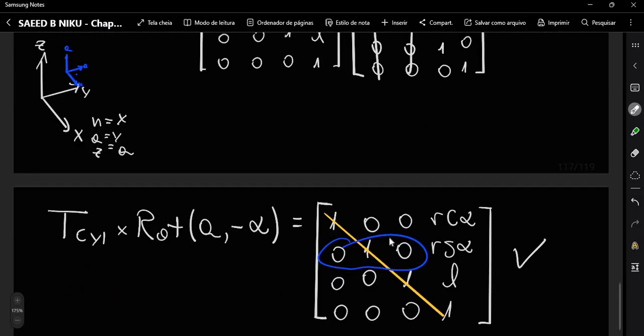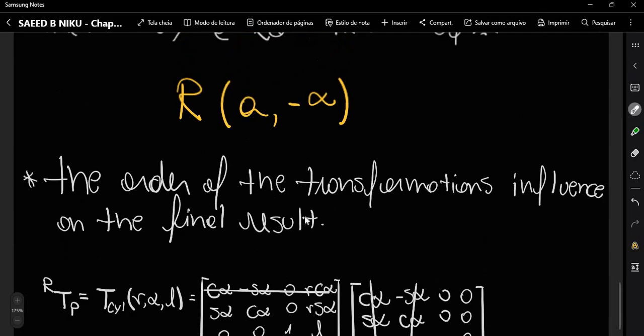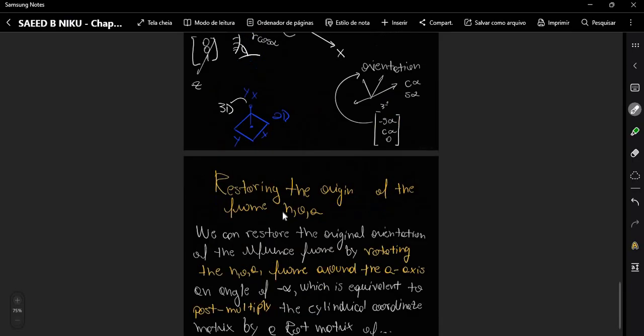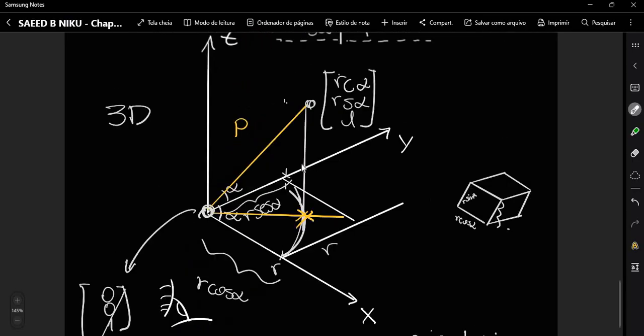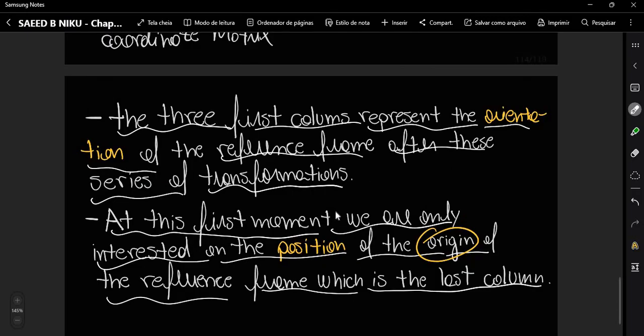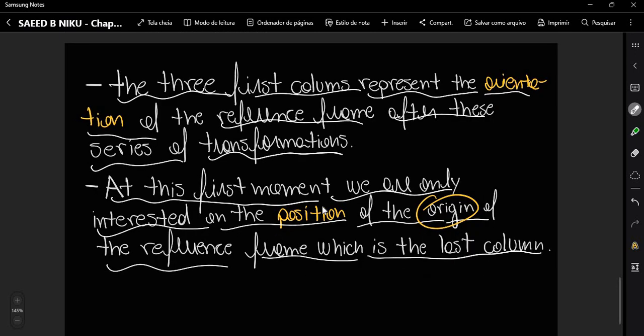Remember that we were confused about this example, which brings us these statements: the first three columns represent the orientation of the reference frame after a series of transformations, and the last column represents the position of the origin of the reference frame.